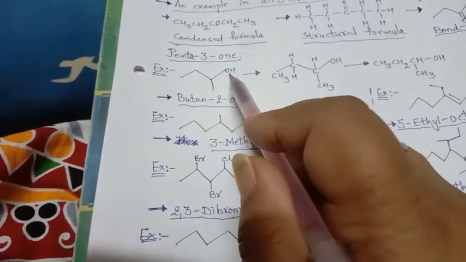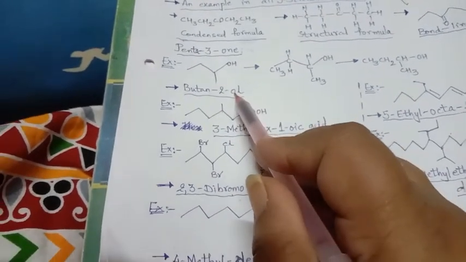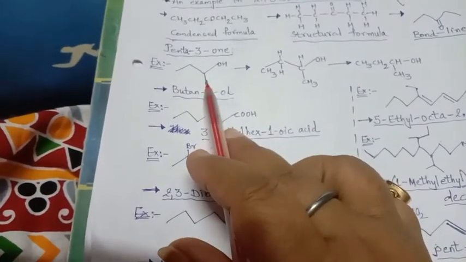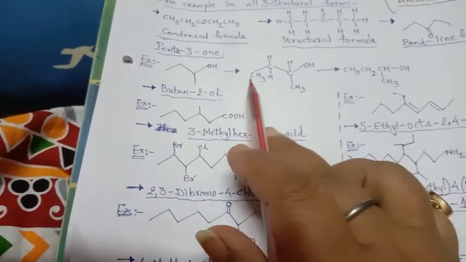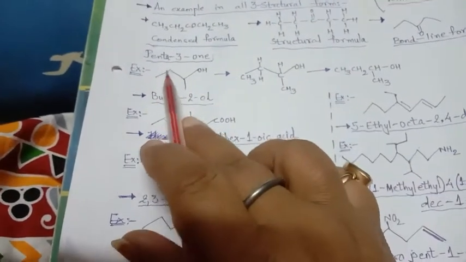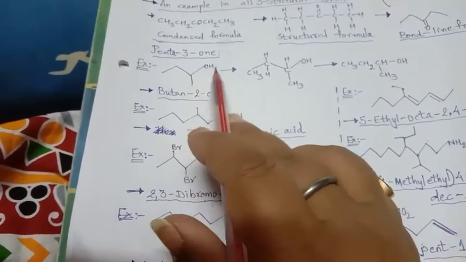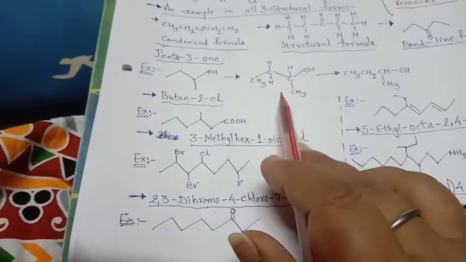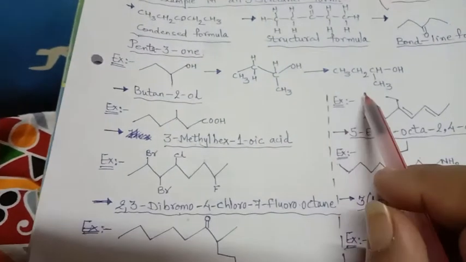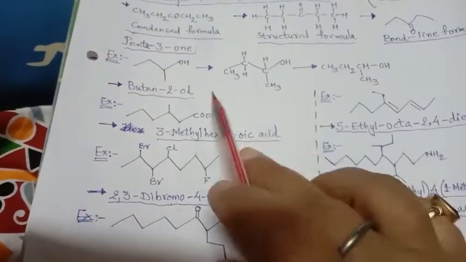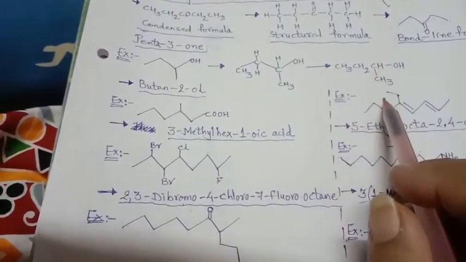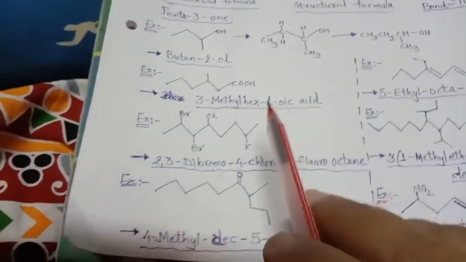Butan-2-ol. If this is the bond line, how is the structure? See here: CH3, CH2, CH, CH3, OH. This is the structural and this is the condensed: CH3, CH2, CH, CH3, OH.